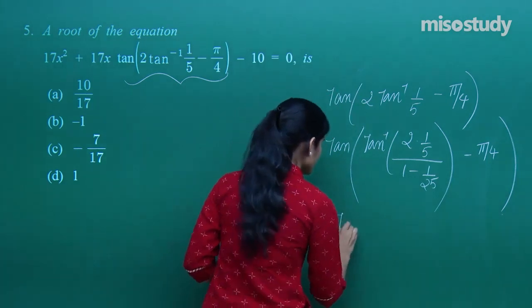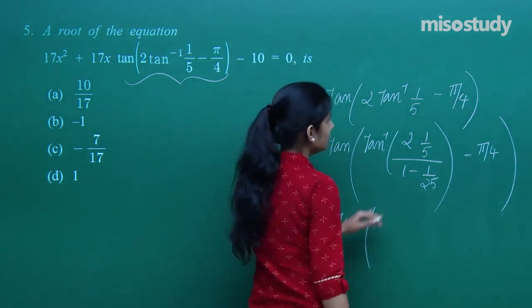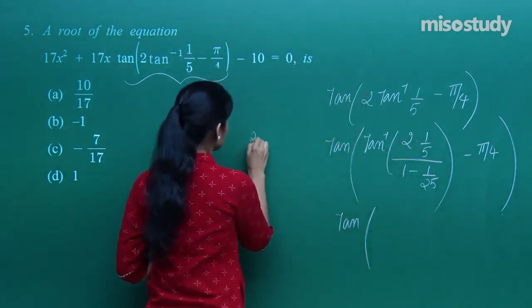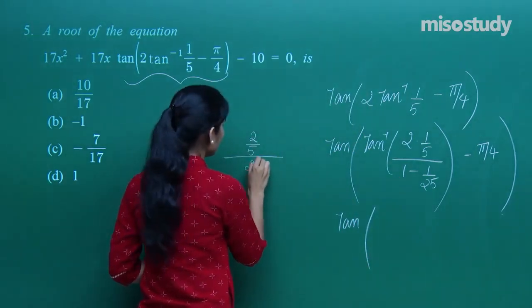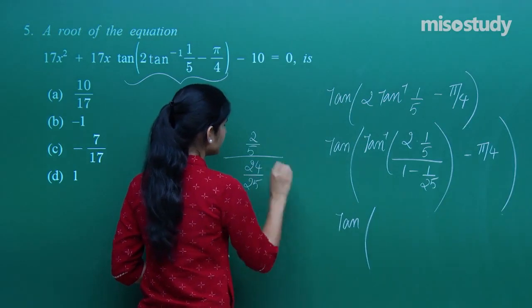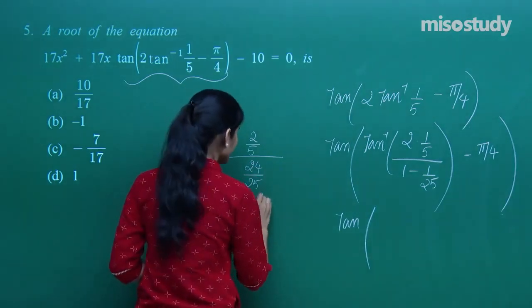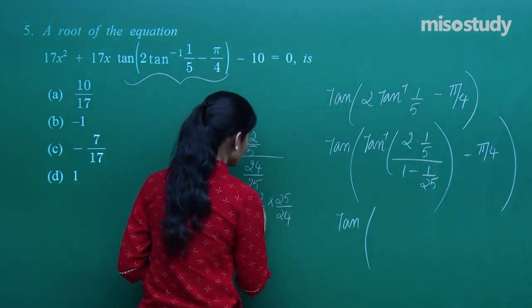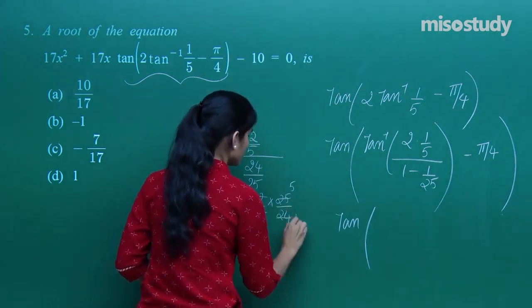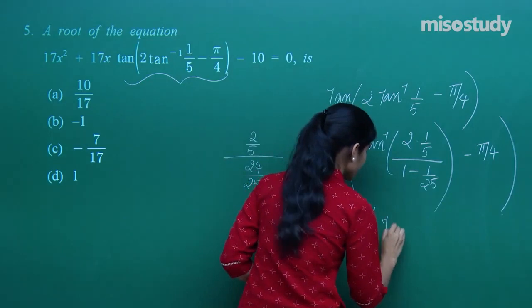Fine. So this is tan of, this is 2 by 5 whole upon 24 by 25. So what you get basically is 2 by 5 into 25 by 24, which gives you 5 by 12.